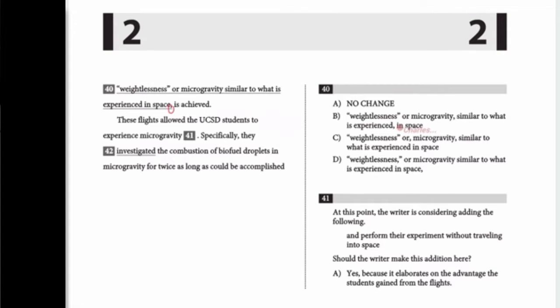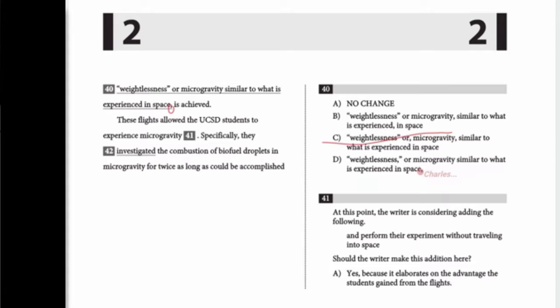40, weightlessness. Let's see, what do we have in a vertical scan here? Weightlessness or comma microgravity, similar to what is experienced. That wouldn't be correct. Weightlessness, comma, or microgravity, similar to what is experienced in space, is achieved.